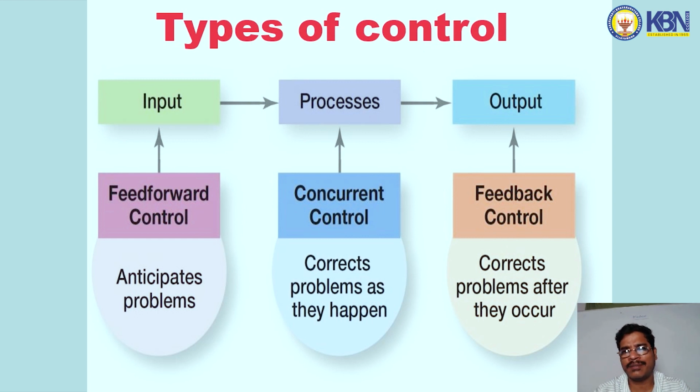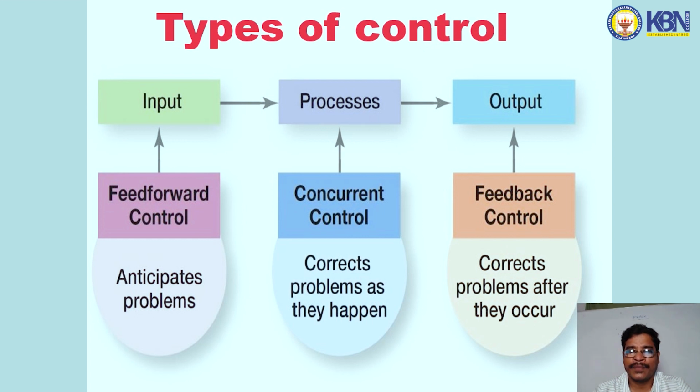The controlling concept helps us to control things in the current situation, and it also helps us to predict the future. So feed forward control is going to help us anticipate what threats an organization can face in the future. And coming to concurrent control, it corrects problems as they happen.